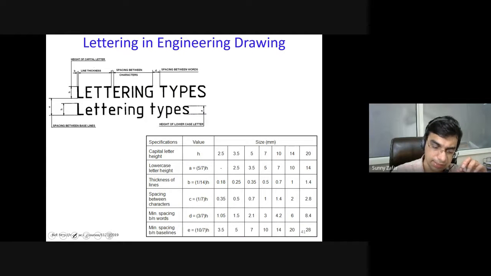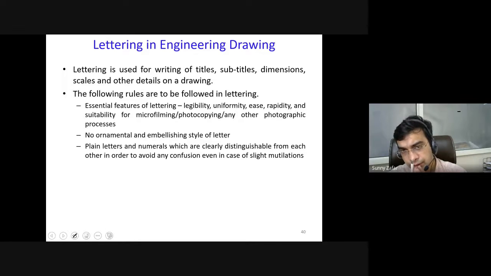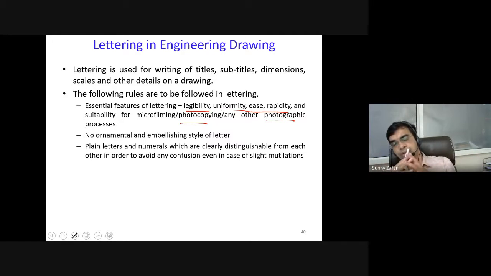Then lettering is very important with respect to machine drawing. Lettering is specifically important to ensure the legibility of the drawing, its uniformity, and for photocopying or other photographic processes. In earlier days, we used to do this lettering manually, literally writing each of these letters, but there is a specific pattern in which the letters have to be written.